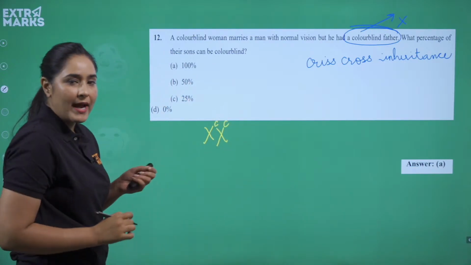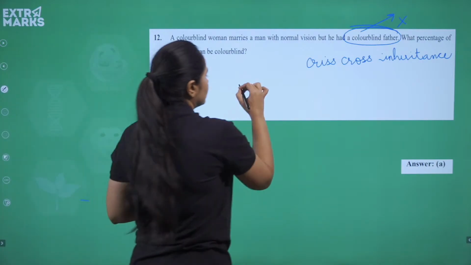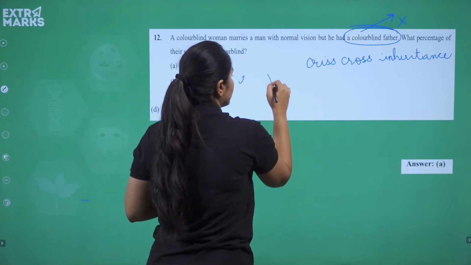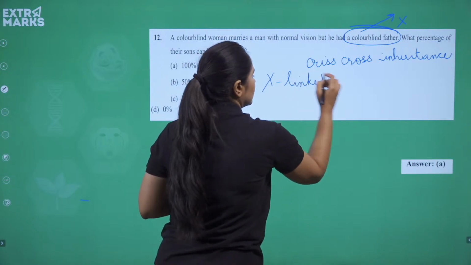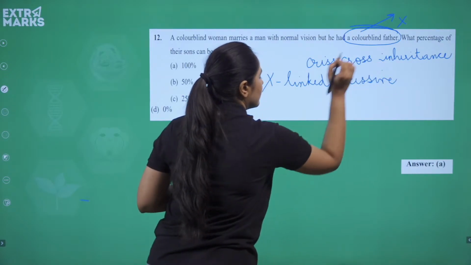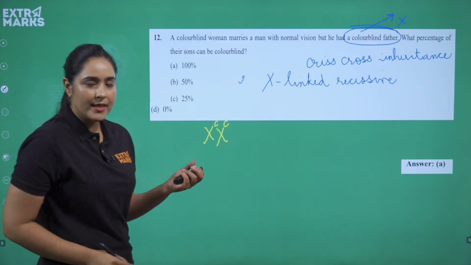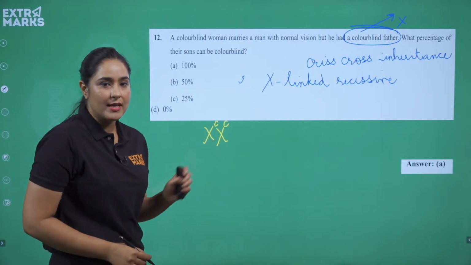As this color blindness is an X-linked recessive genetic disorder, obviously if a woman is colorblind, she has to have homozygous mutant allele for this.